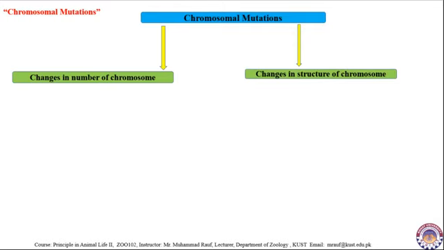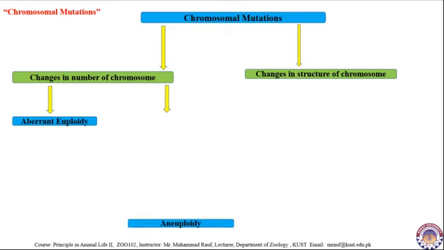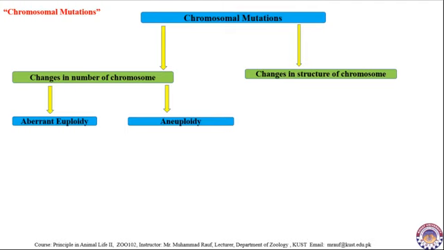Change in number of chromosomes is of two types: aberrant euploidy, when there are multiples of the basic set of chromosomes, and aneuploidy, where one particular chromosome is either in excess or deficient, meaning the 2n-1 condition, which is called monosomy, and the 2n+1 condition, which is called trisomy.